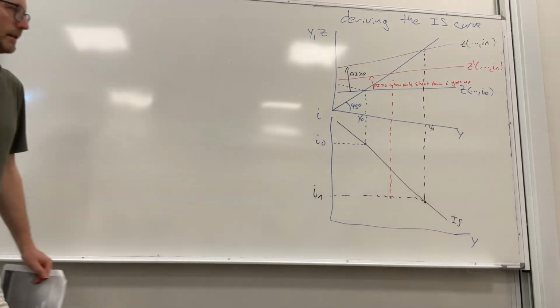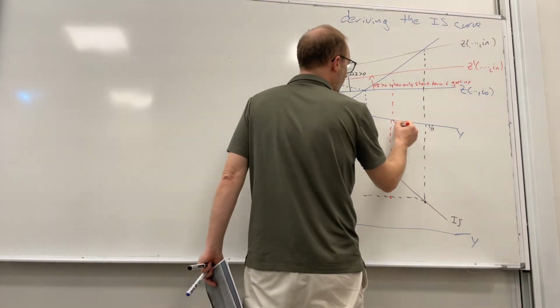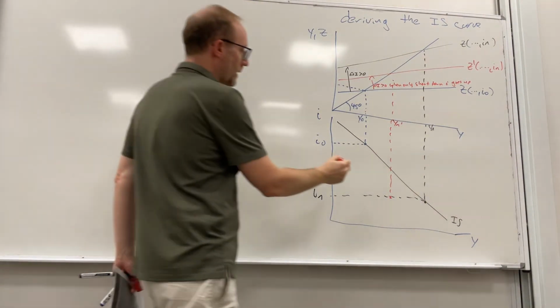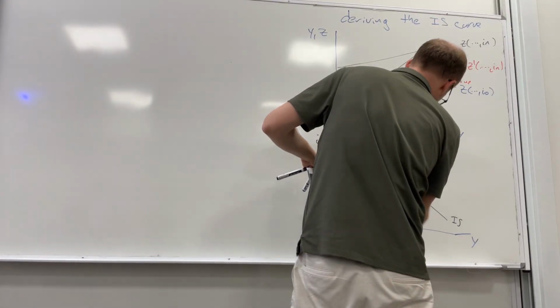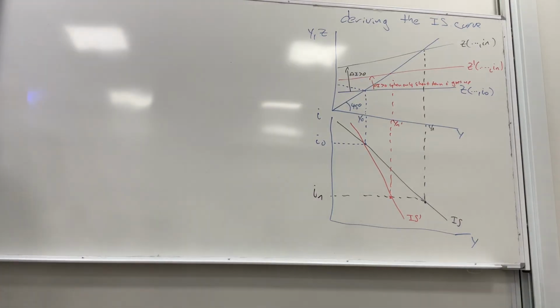So in this case, if it's only the short-term interest rates that are affected, the effect on output of this same decrease in interest rates is going to be smaller. Now when we connect these points, you see the consequence? It just makes the IS curve steeper. Okay.